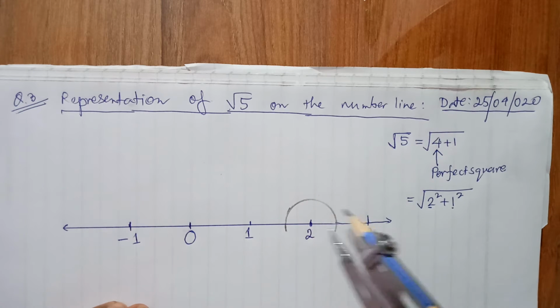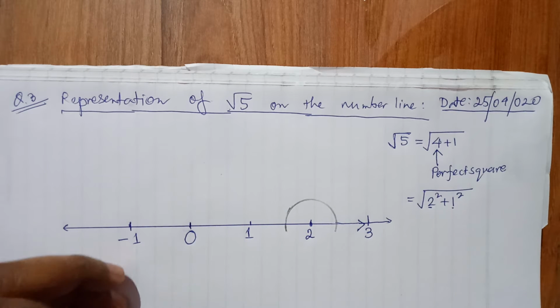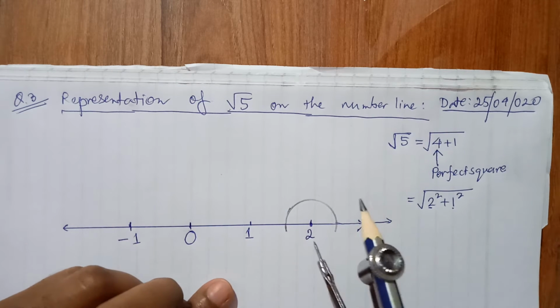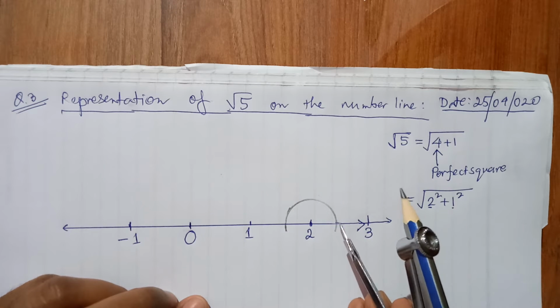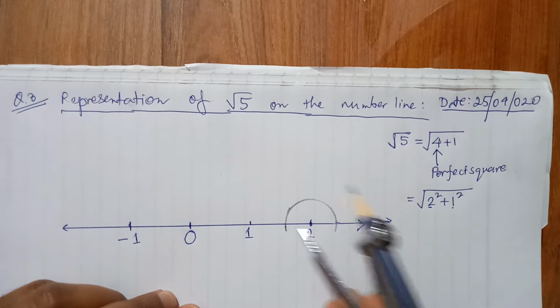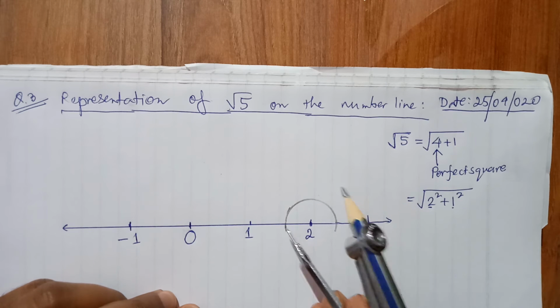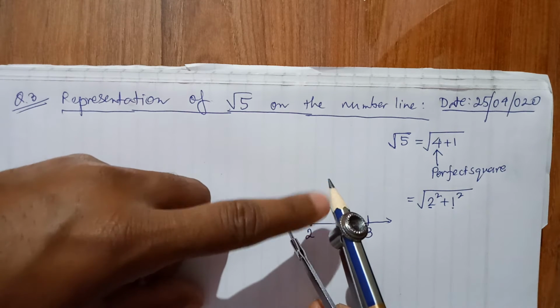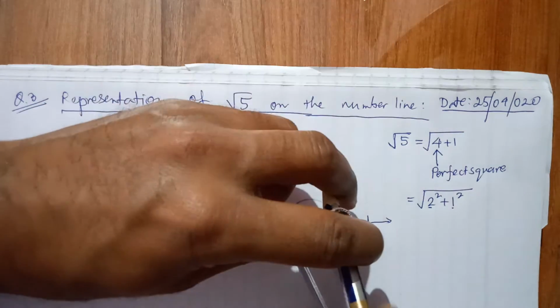This arc is intersecting the number line at 2 points. Now expand your compass. Where the arc is intersecting the number line at 2 points, at these 2 points you have to put your pointer. Now choose this point and put the pointer here. You can expand this compass.